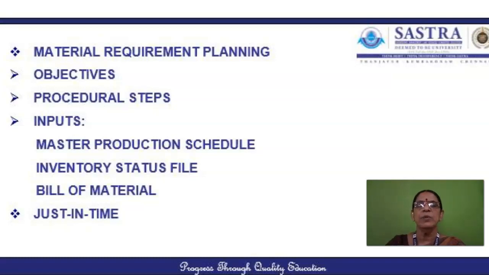Now we shall see the procedural steps in MRP by knowing the terms used in MRP. First step is to determine the gross requirements of finished products.